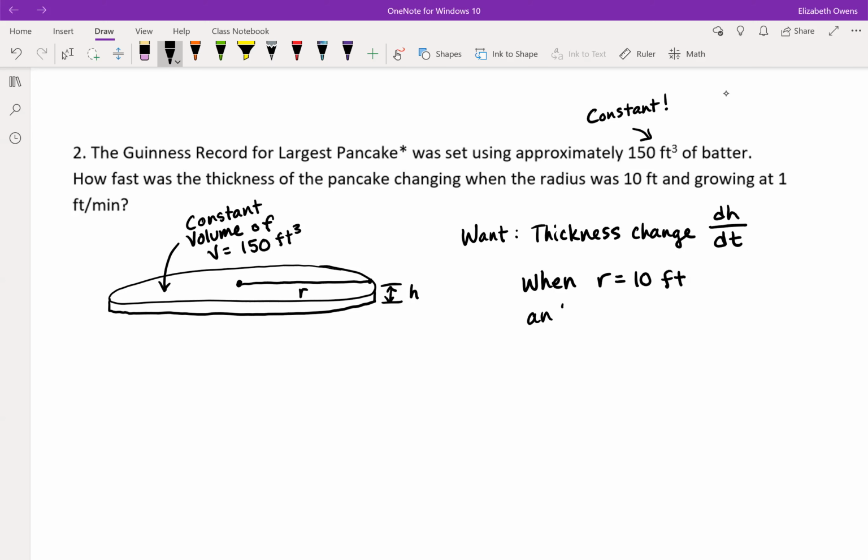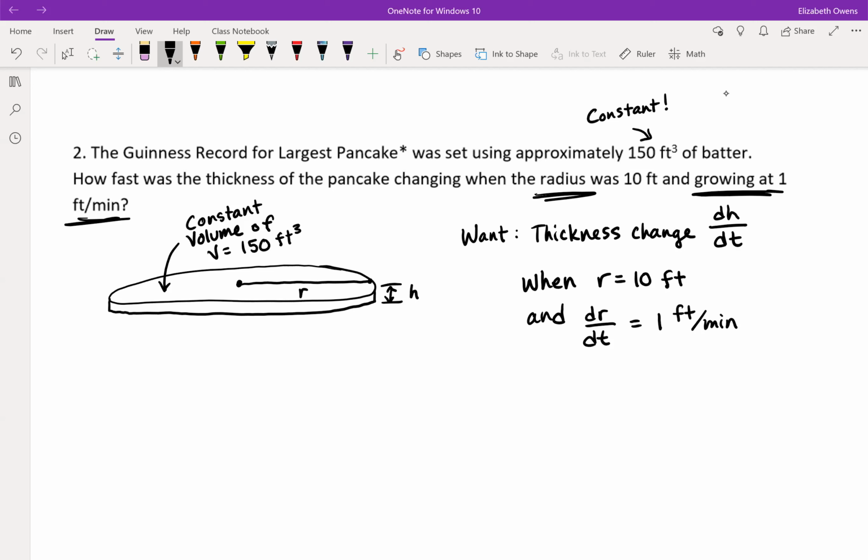We're also given this other bit of information, that the radius is changing at 1 foot per minute. That is an instantaneous rate of change of the radius. So that's dr/dt, growing at 1 foot per minute.